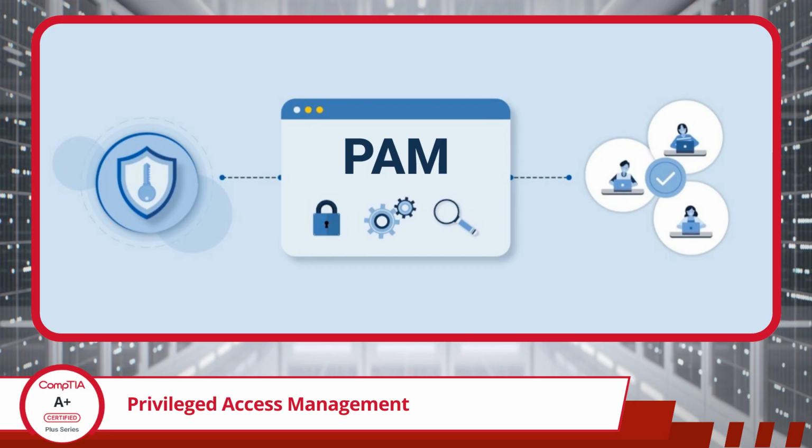PAM solutions can enforce temporary access, require approval before privileges are granted, and ensure that access is removed once it is no longer needed. For example, a system administrator may request elevated access to perform a task. A PAM system can require approval, grant access for a limited time, and log all actions performed during that session. Once the task is complete, the elevated permissions are revoked, helping reduce the risk of misuse.